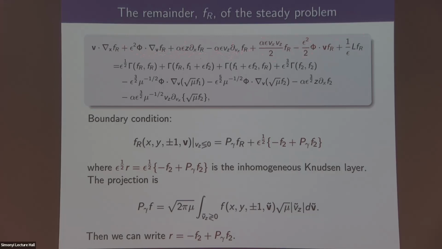And then these are the sort of terms that come from the Couette flow, alpha epsilon VX VZ over 2 FR, minus epsilon squared over 2 phi dot V FR, over epsilon L FR, and epsilon squared gamma FR FR, gamma FR F1 plus epsilon of 2 gamma F1 plus epsilon of 2 FR, epsilon to the 3/2 F2, minus, and then you keep going, epsilon to 5/2, epsilon to 3/2, minus alpha epsilon to the 3/2 square root 1 over square root of mu V Z partial Vx of square root of mu 2.